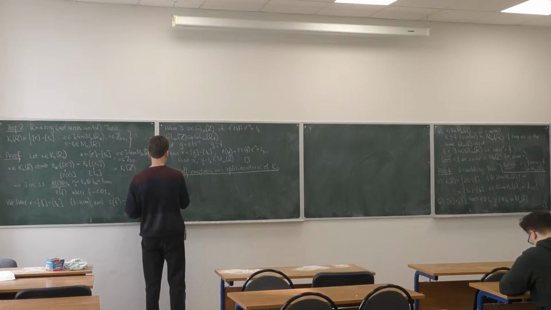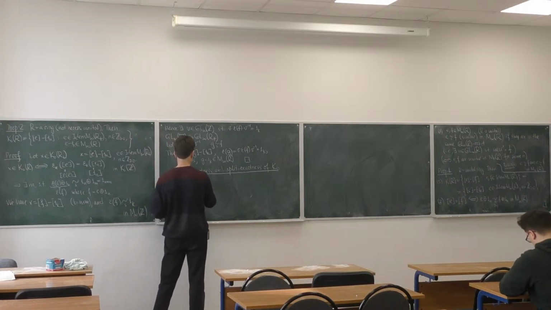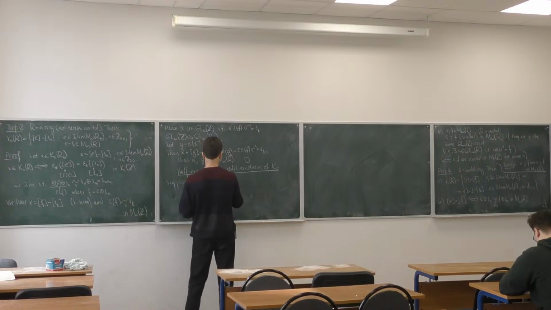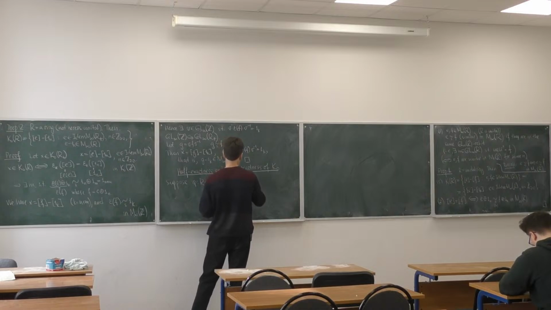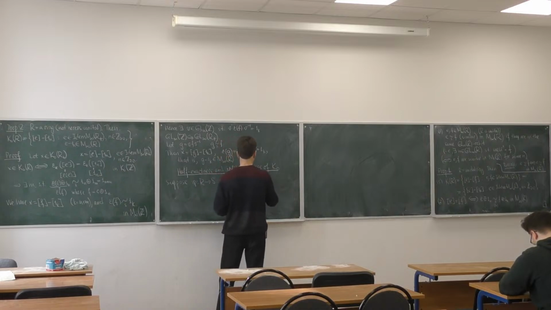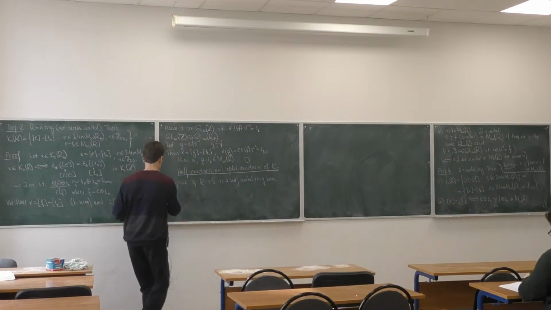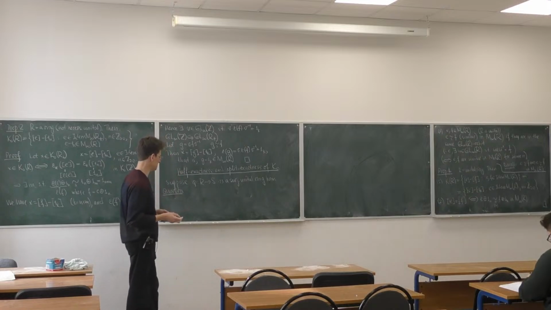Suppose we have a surjective unital ring homomorphism, say phi from R to S. So we have the following natural question. Of course, we can restrict phi to invertibles, and of course it takes invertibles to invertibles.